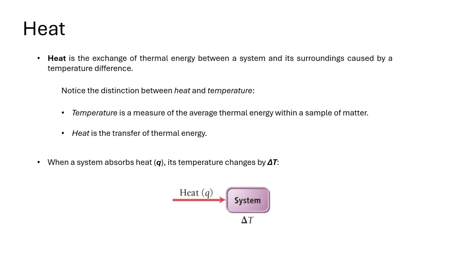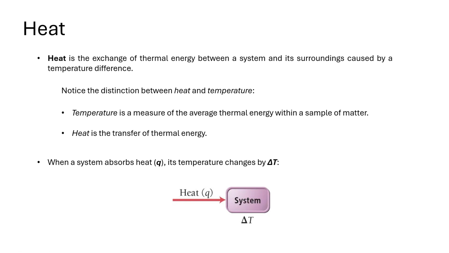Another thing we talked about last time was heat being exchanged between a system and surroundings, realizing that temperature and heat are not the same thing, right? We talked about this, how the temperature is just a measure of the average thermal energy within a sample of matter, okay? So you guys know that thermal energy is a form of kinetic energy, right? And remember what kinetic energy is.